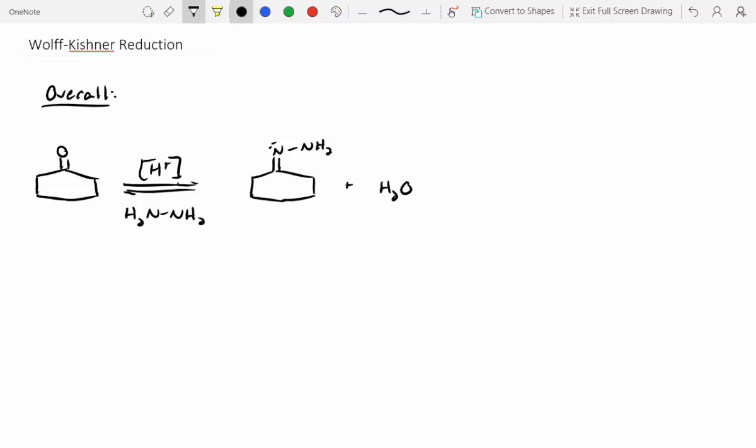Once you form this hydrazone, a cool trick is you treat this with, this should be a one-way arrow actually. You treat this with potassium or sodium hydroxide, water, and heat.